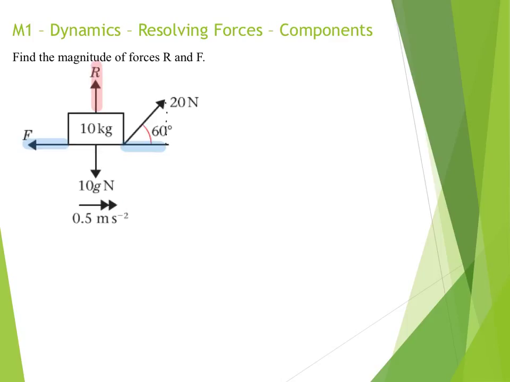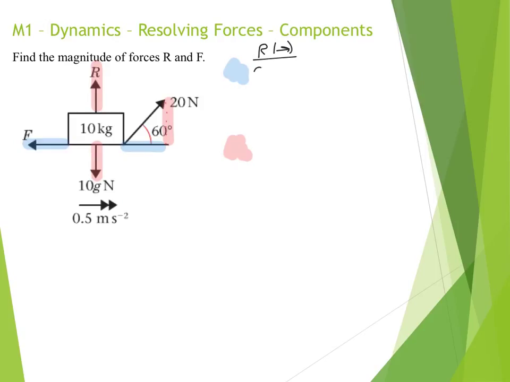which looks like it's going to be the normal force this time, 10g, which is the weight, and the vertical component of that 20 newtons. So I'm going to come up with a red equation, and I'm going to come up with a blue equation. In the blue, I'm resolving in the direction of acceleration, so I'm resolving to the right.